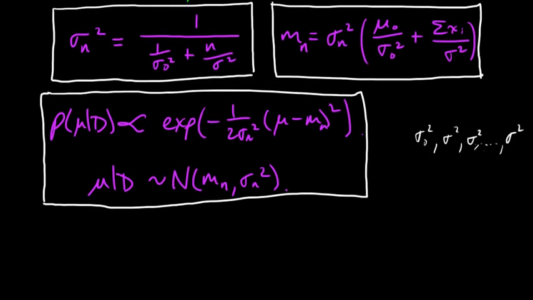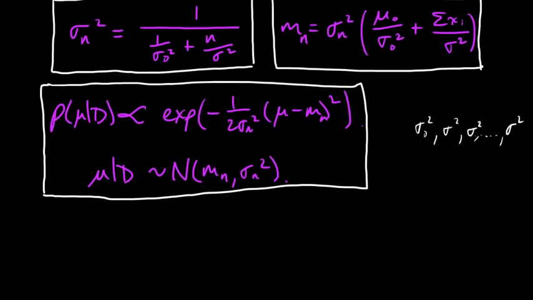So let's write this out in a slightly different way. This is what I was about to do a second ago, to observe that it's actually a convex combination of the prior and the MLE.